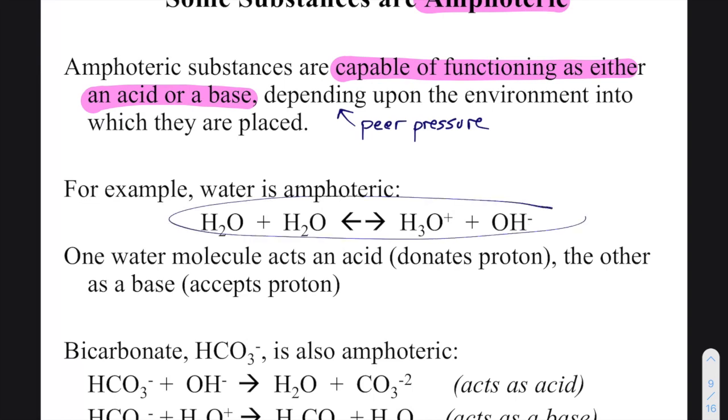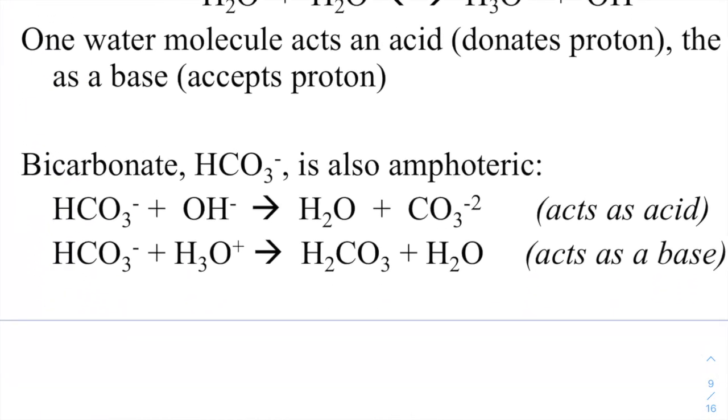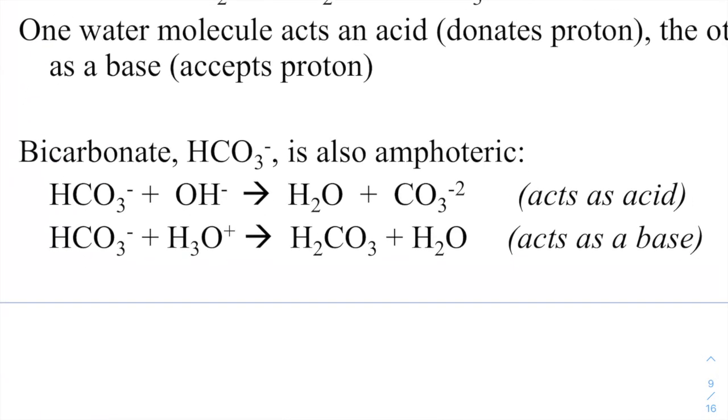We've talked about this reaction already where you have pure water, and some of it gets ionized into H3O plus and OH minus. But looking at this example right here, the bicarbonate ion, HCO3 minus, if he's placed into an environment with a hydroxide, so with an OH minus, what does bicarbonate become?